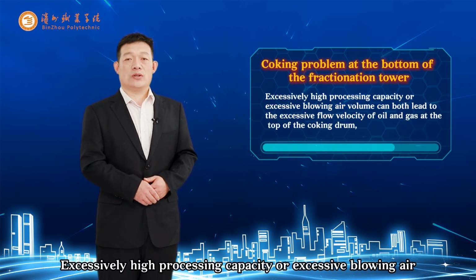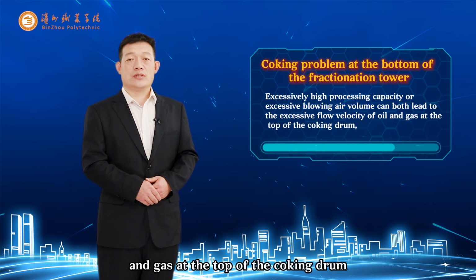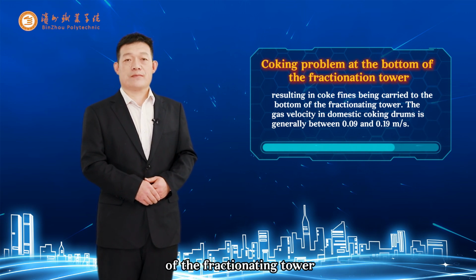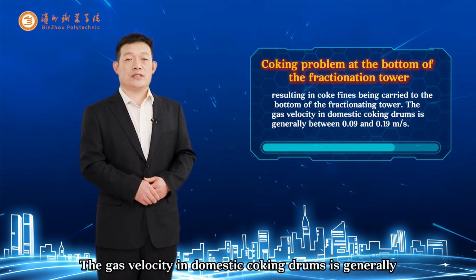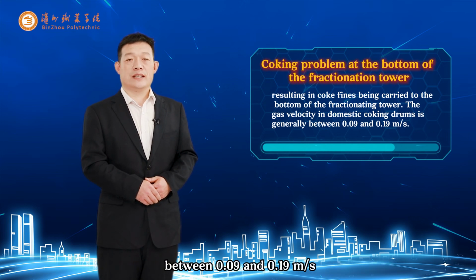Excessively high processing capacity or excessive blowing air volume can both lead to the excessive flow velocity of oil and gas at the top of the coking drum, resulting in coke fines being carried to the bottom of the fractionating tower. The gas velocity in domestic coking drums is generally between 0.09 and 0.19 meters per second.